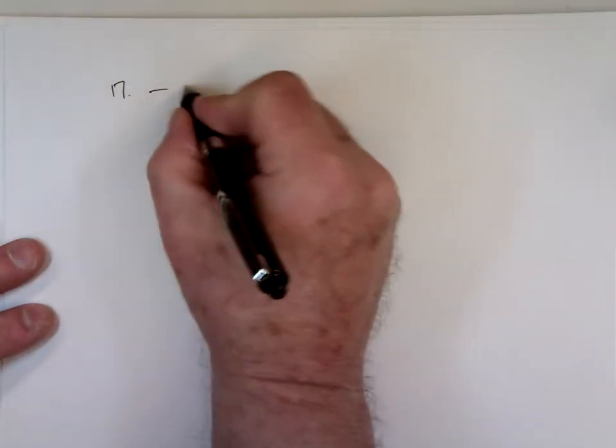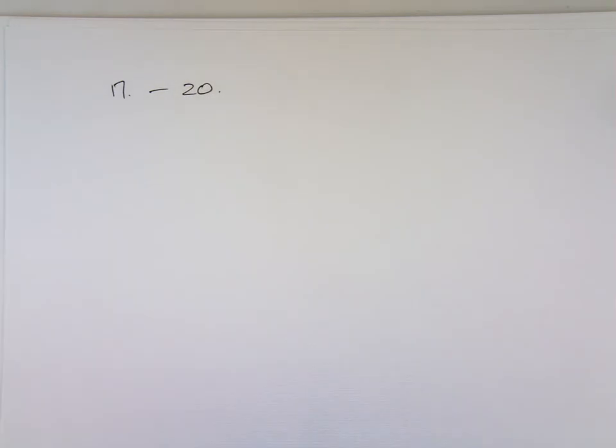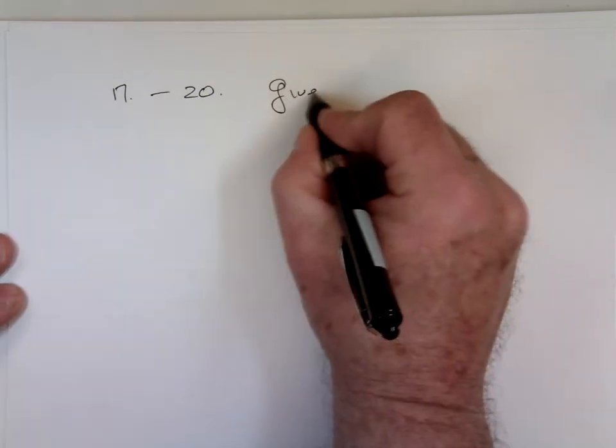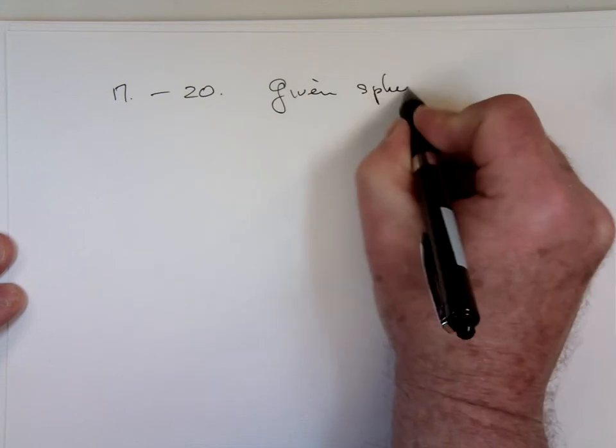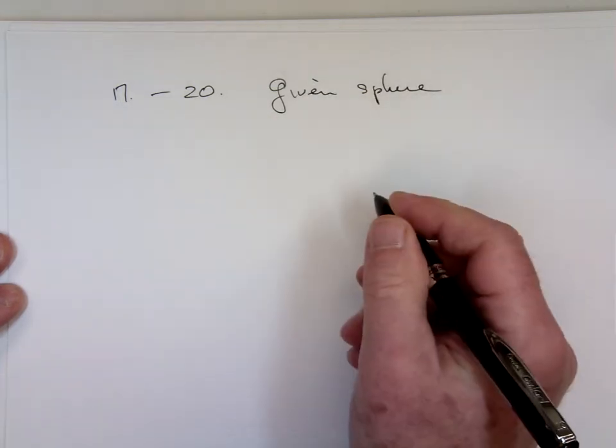17 through 20. Oh, my. Holy moly. All right, well, I'll tell you what. We got a sphere, and you're going to have to do something similar to what we just did with a sphere. So you're given a sphere, and set up the triple integrals.